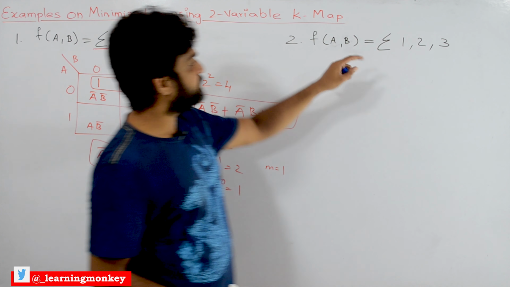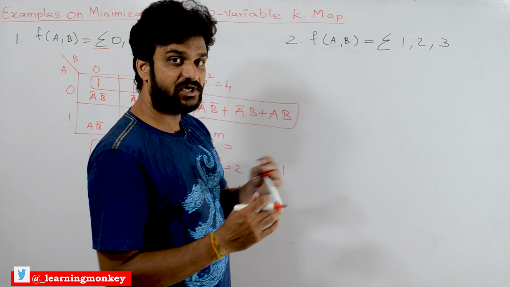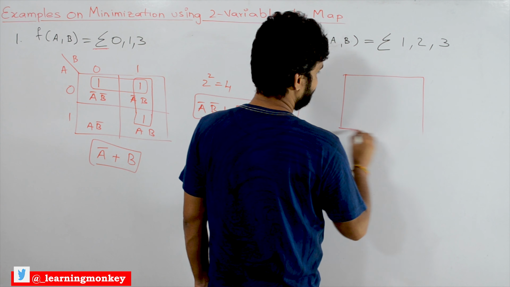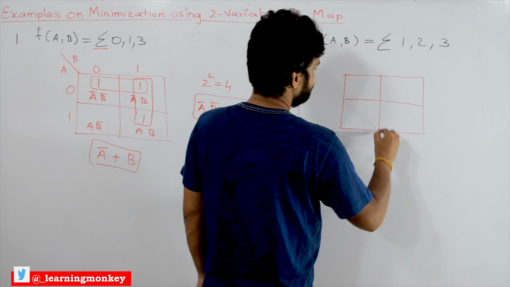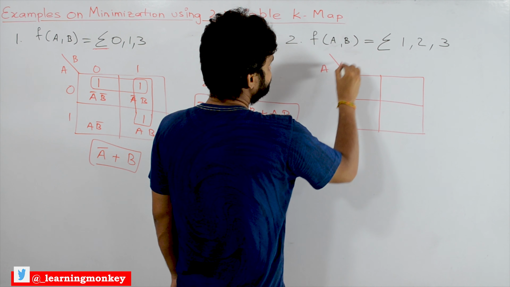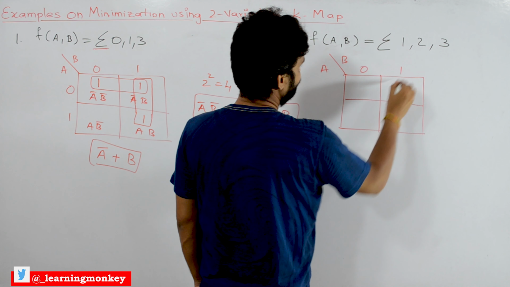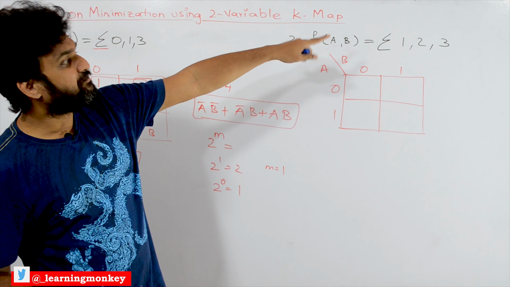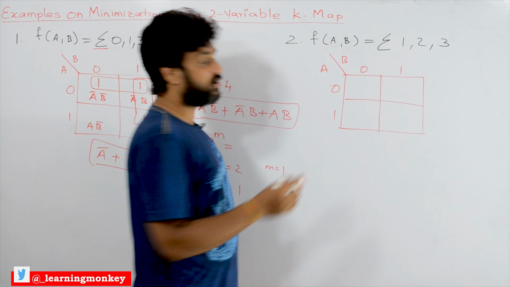Now considering this example, hope you got the points that we have discussed. So we'll go a little bit faster with this example. It is a, b and 0, 1, 0, 1. The first step is to represent all the minterms on the K-map.